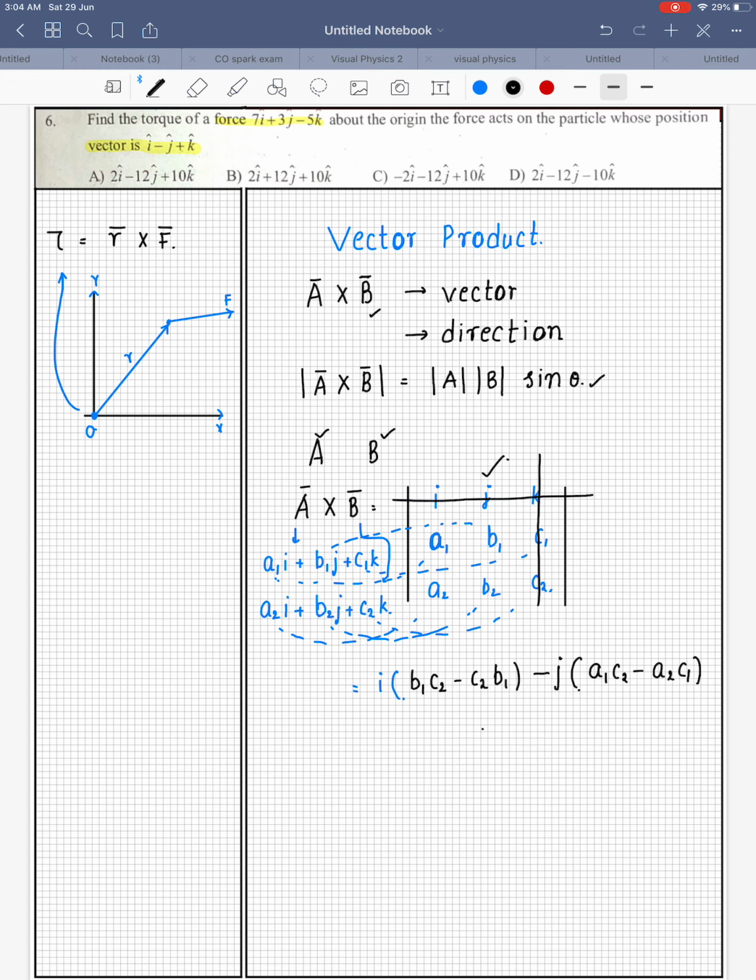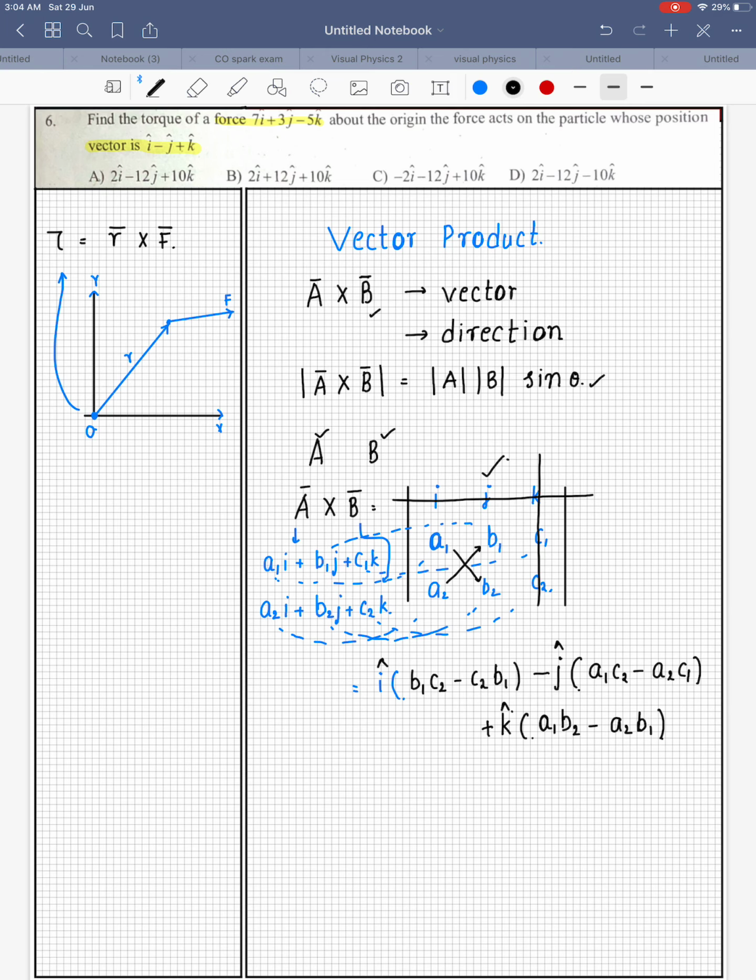This time it will be plus k into (a1b2 - a2b1). So this is the concept behind calculating the vector product. This is how you get the vector product.